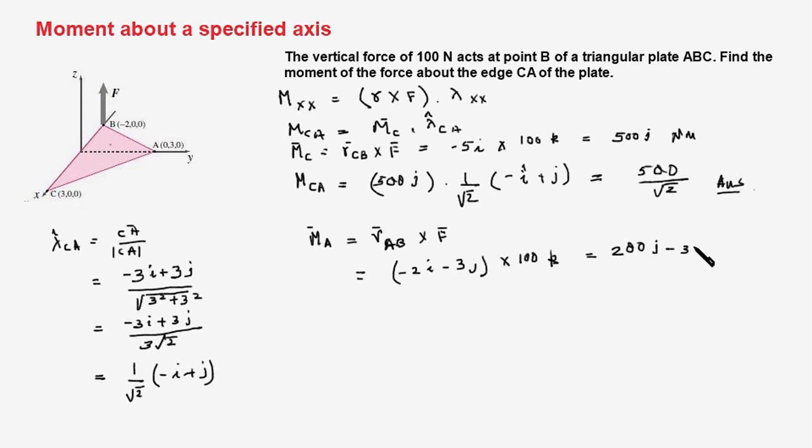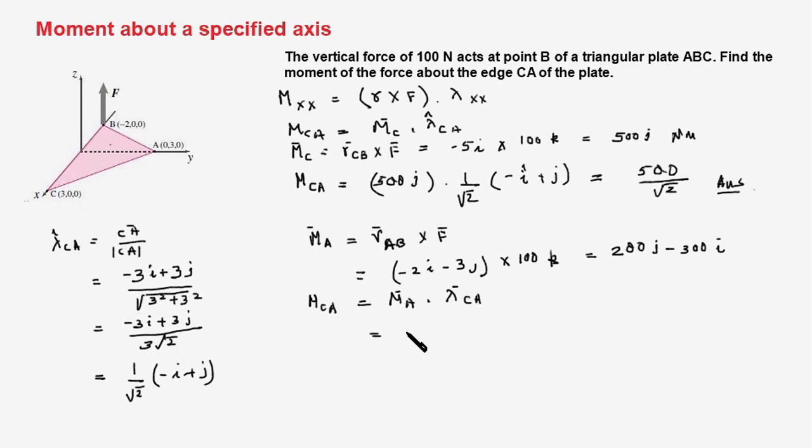minus 300 I. Now let us find out the magnitude of the moment about the line CA, this will be equal to moment about A dotted with a unit vector along CA.